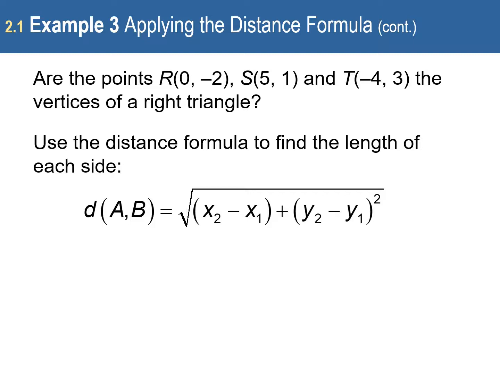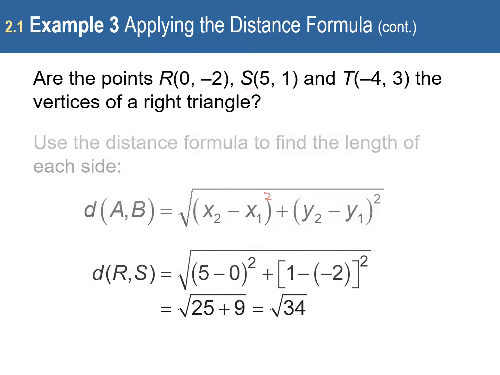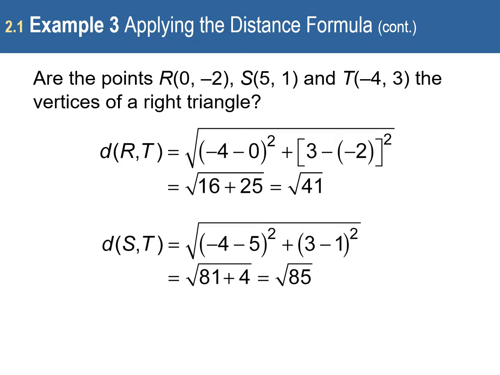The distance between 2 points is the square root of (x2 minus x1) squared. There's a square there, it just doesn't look like it. Plus (y2 minus y1) squared. So the distance between R and S is the square root of 34. The distance between R and T is the square root of 41. And the distance between S and T is the square root of 85.